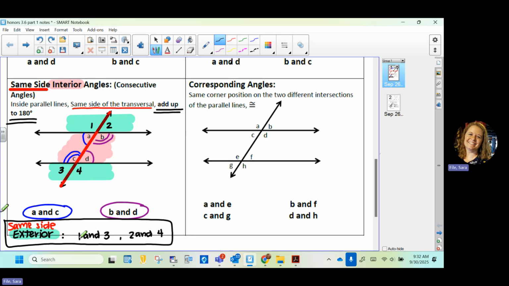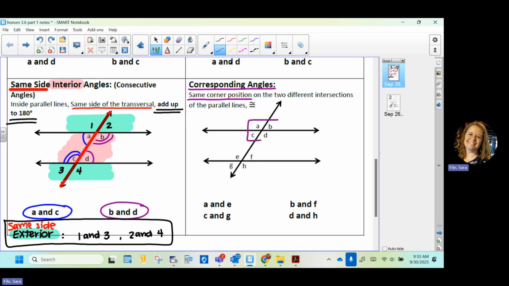All right, now, last but not least, the angle relationship, the new vocab that you need to know is corresponding angles. So corresponding angles, I think these are actually the easiest. Corresponding angles have the same location, the same position. There's 2 intersections.